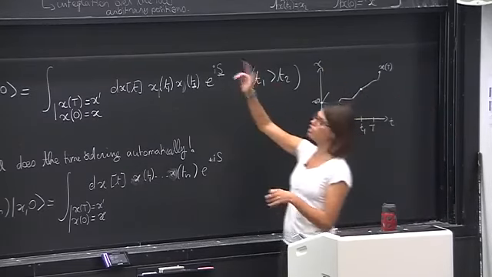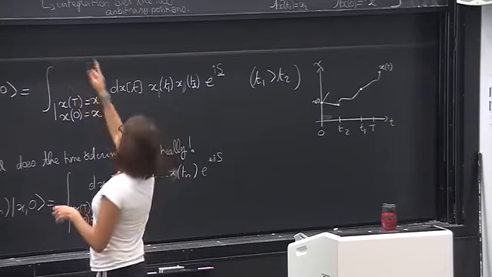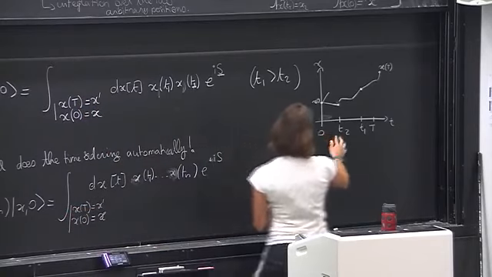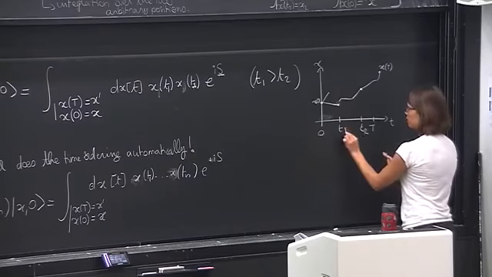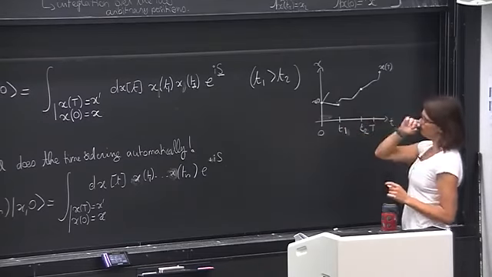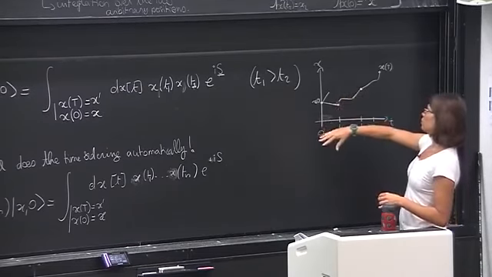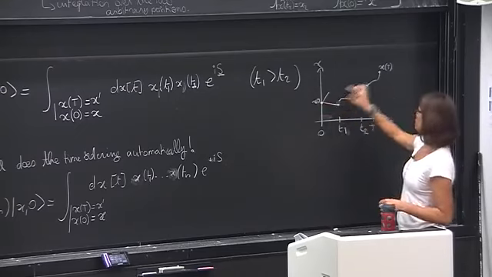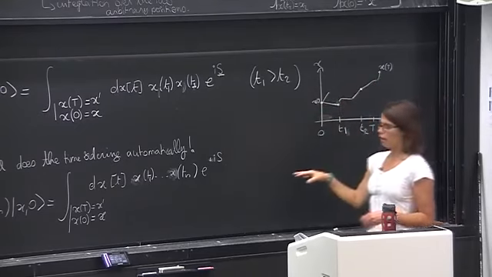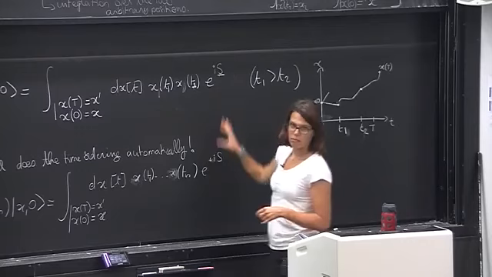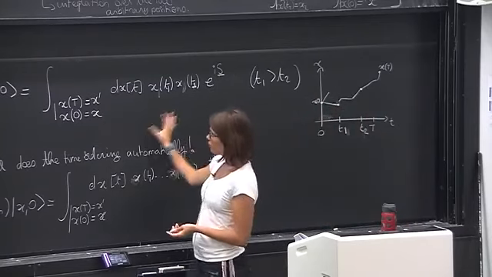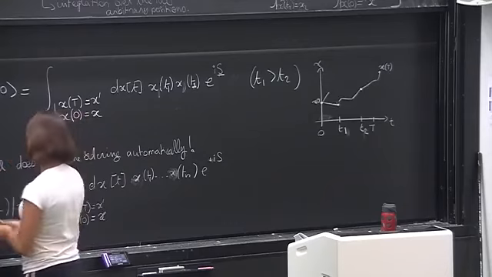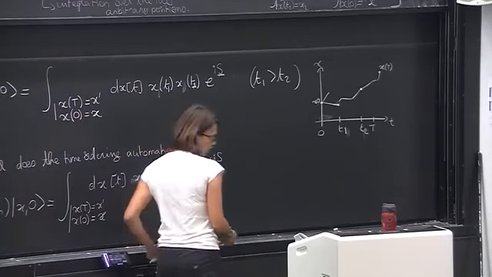If we change the ordering, we would of course decompose it differently, like from t1 to t2. But since in the end we combine all possible paths with the initial and final conditions, the final expression is the same, okay? But the ordering is really important.